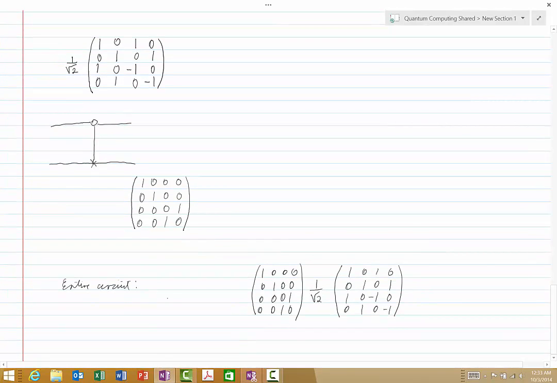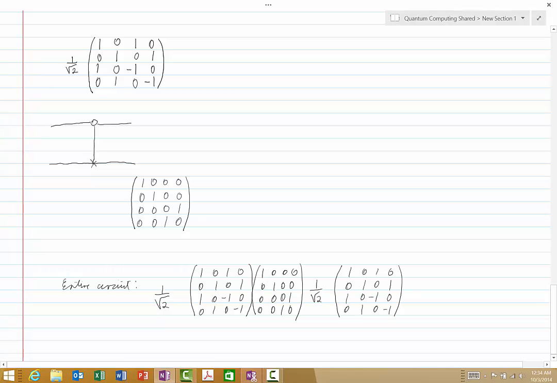So we will have 1 over square root of 2, and then 1, 0, 1, 0, 0, 1, 0, 1, 1, 0, negative 1, 0, 0, 1, 0, negative 1.